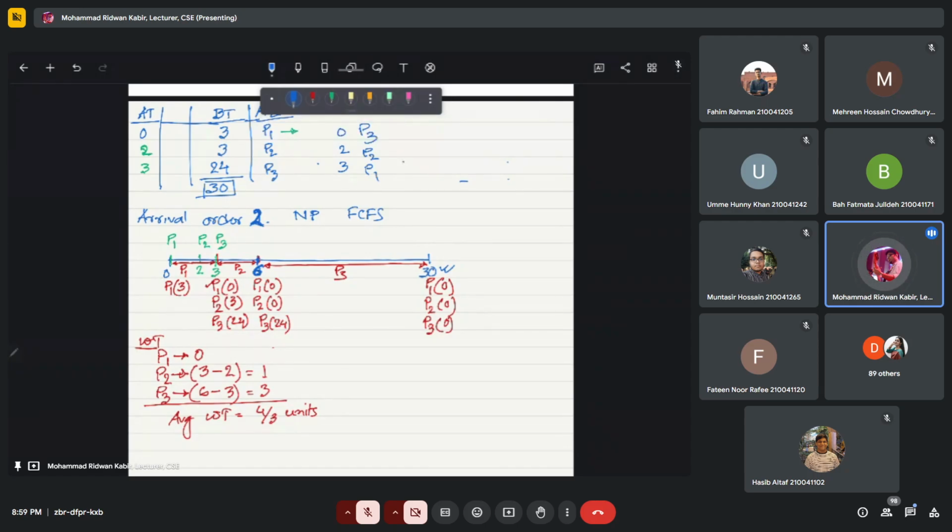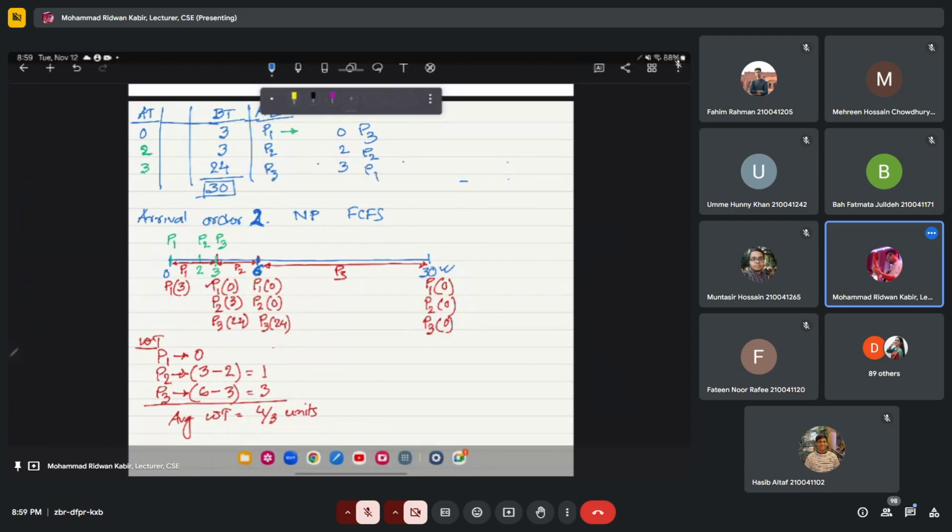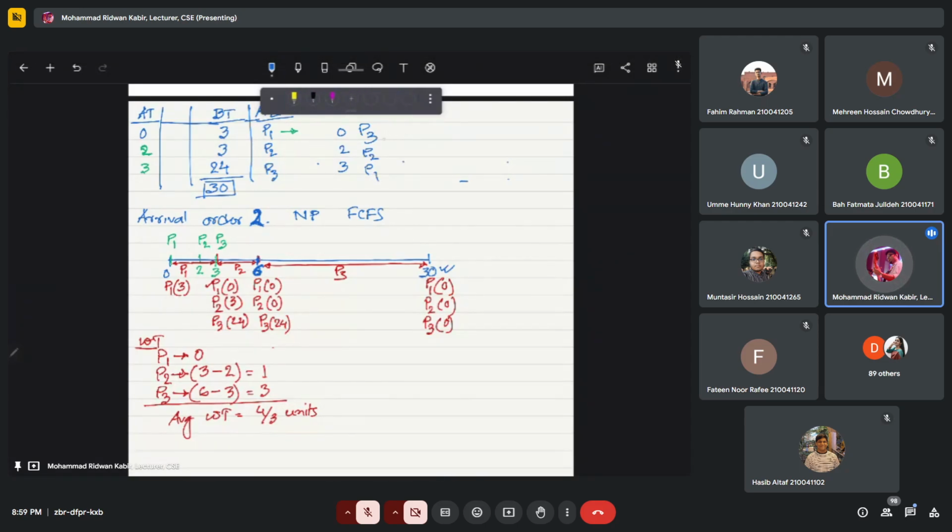And the burst times for them would be, let's say, 24, 3, and 3. As you can see, if we directly calculate the waiting times from this information, things will just be reversed.